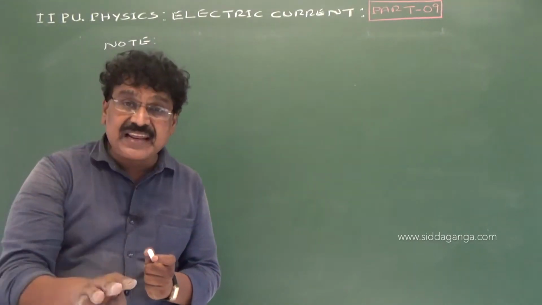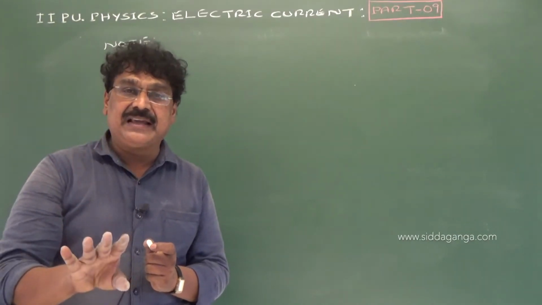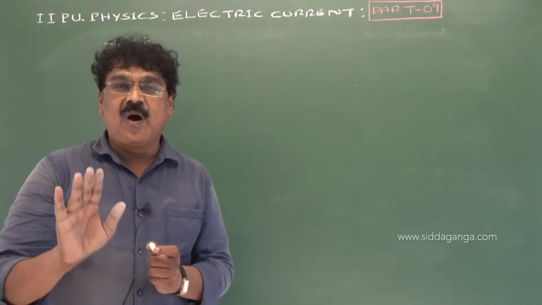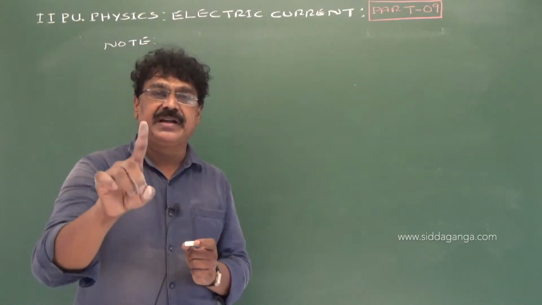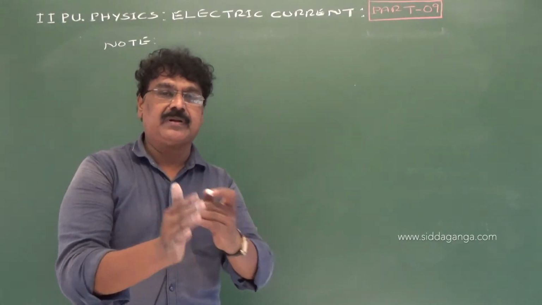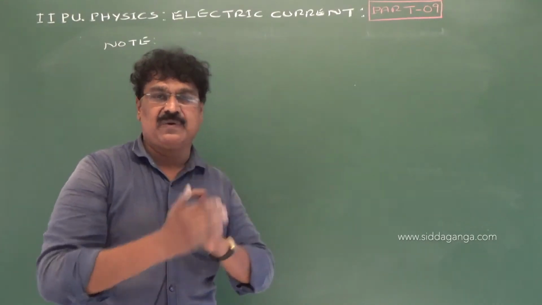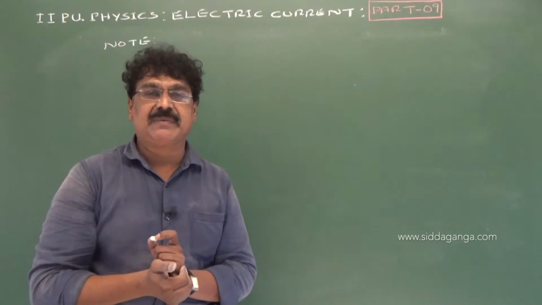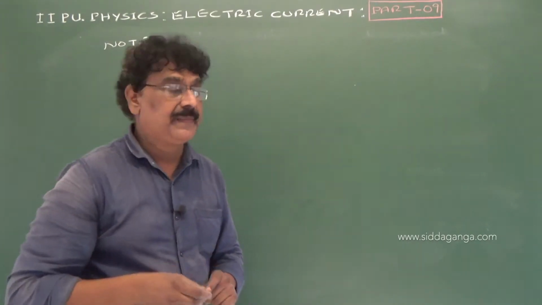It has only 3 colored bands, right, and the third colored band is either gold or silver. Here gold represents multiplication factor 0.1, and silver represents multiplication factor 0.01, right.